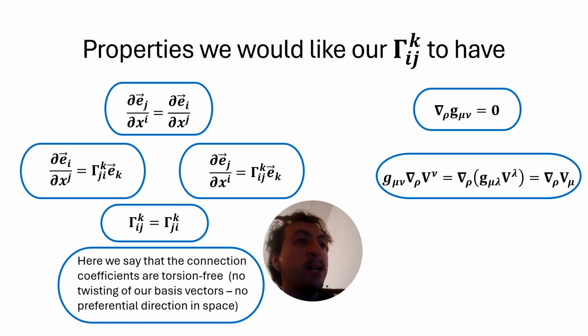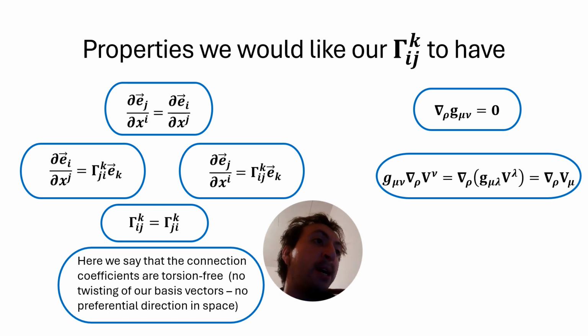The metric is essentially not changing, it's acting as if it's constant in some way, and by constant I mean constant with regards to covariant differentiation. And using the fact that the components of our vector field are components of a tensor, we can contract that tensor, and we then can see clearly that the metric is contracting our covariant derivative.